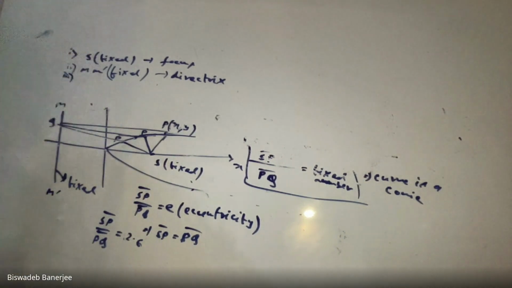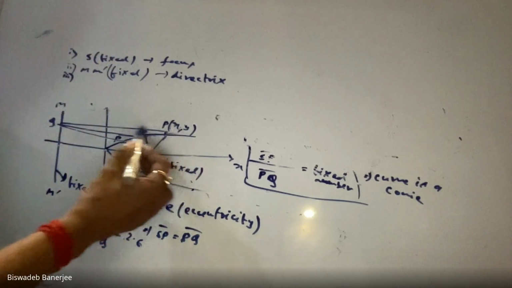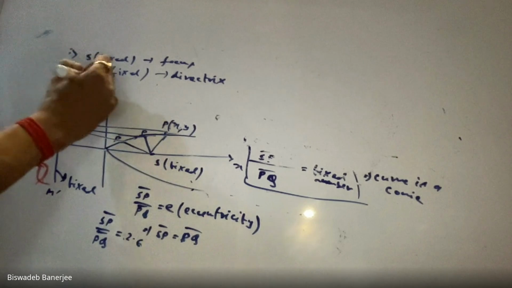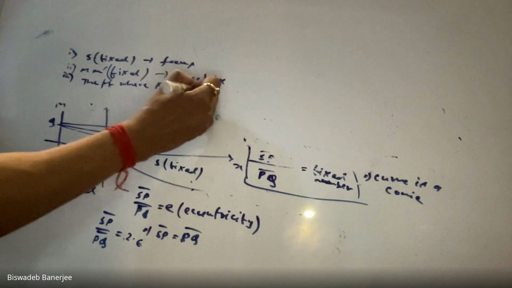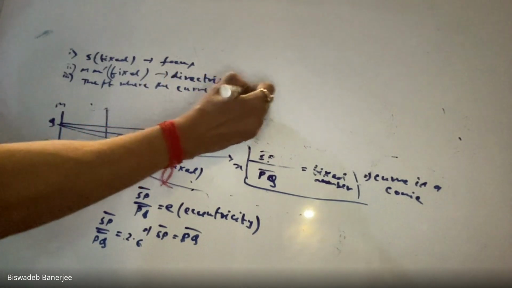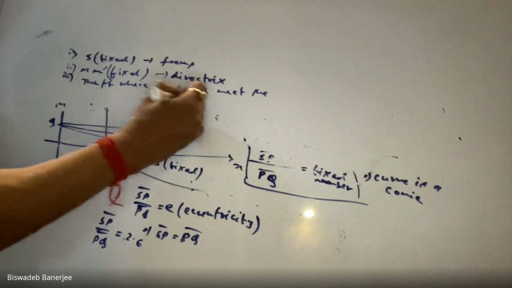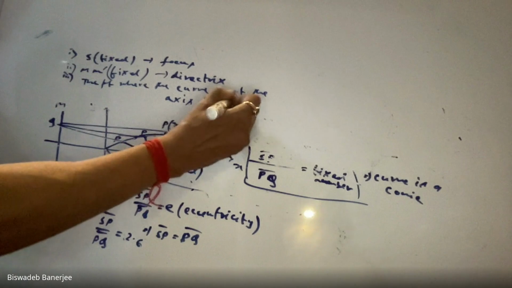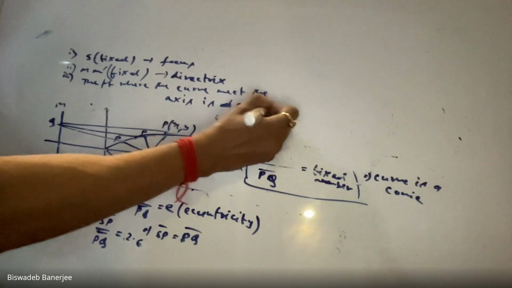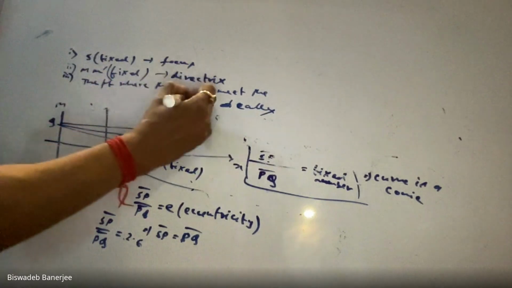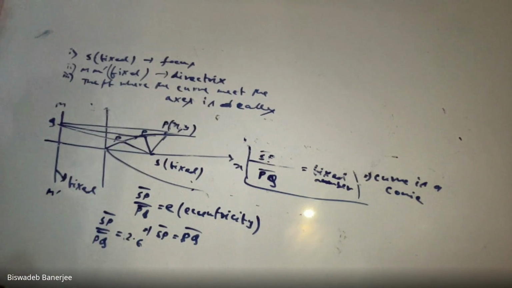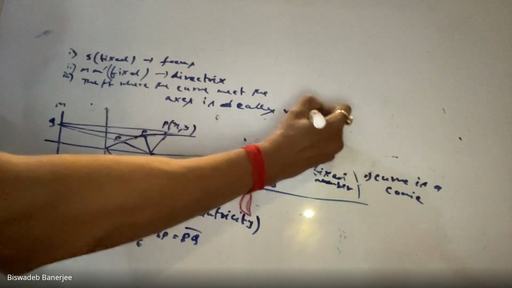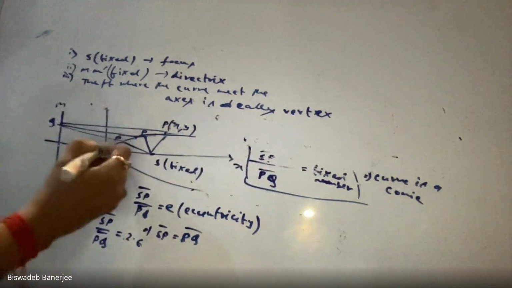Number 3, the point where the curve meets the axis. The point where the curves meet the axes is called the vertex.